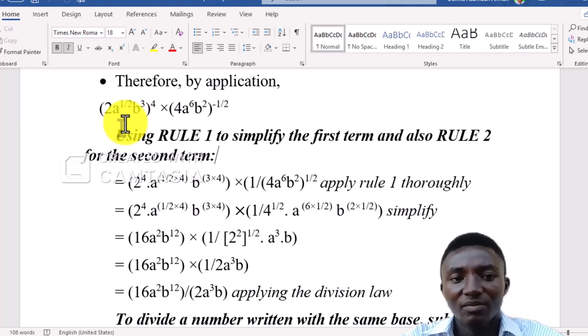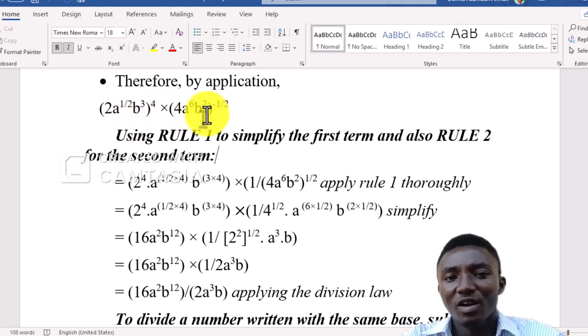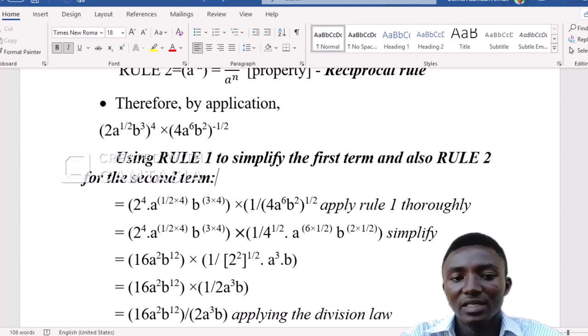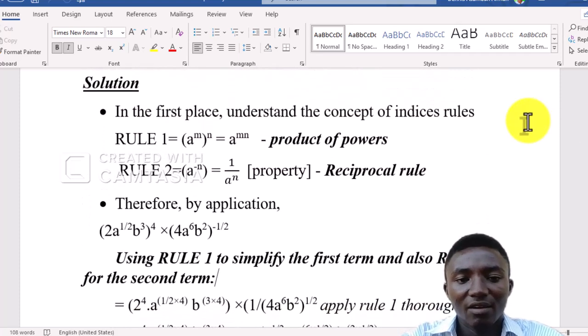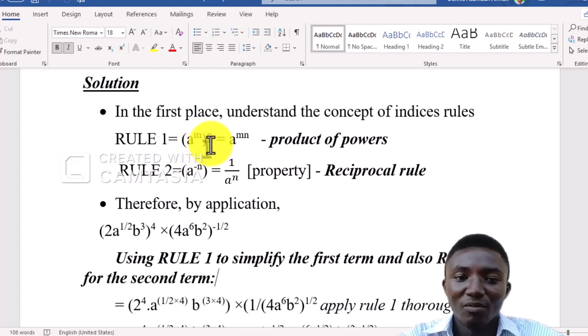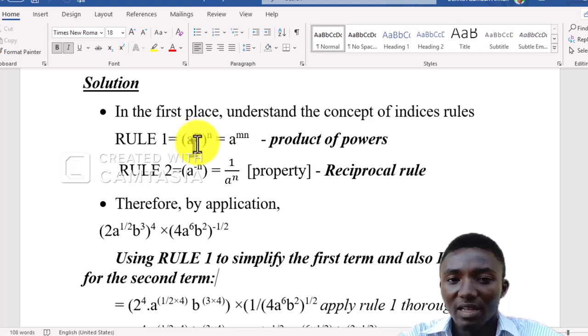And this second expression is in the form of the second rule, right? So before we tackle this problem, what we need to do is to check the rule again. Initially I told you that anytime you see an expression in the form (a^m)^n, what we need to do is to multiply the n throughout everything in the bracket, not the base, but the exponent.